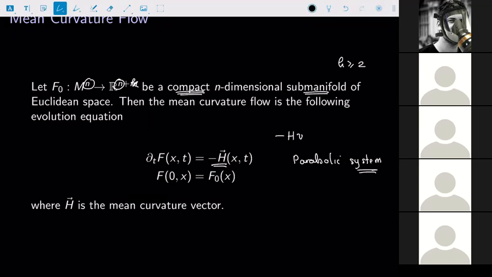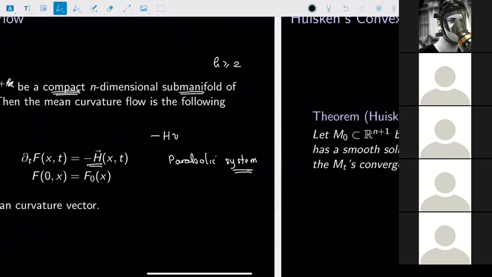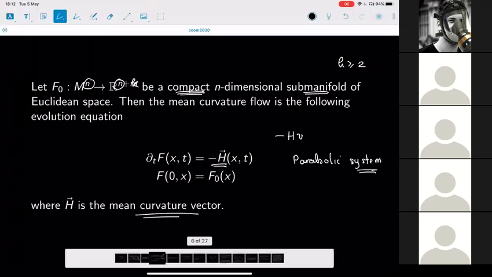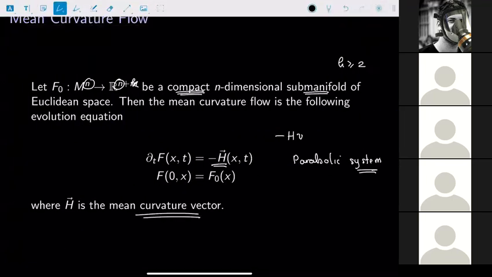And this actually makes a very big difference for high codimension minimal surfaces and mean curvature flow, the fact that you actually have a system rather than one equation. So here, just reiterating, you have the mean curvature vector. Okay, so this is the mean curvature flow.